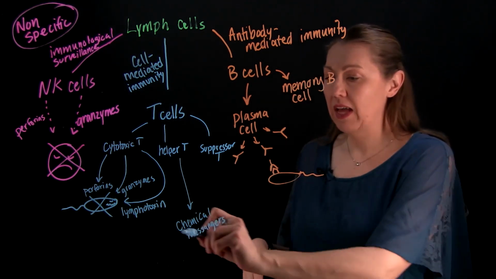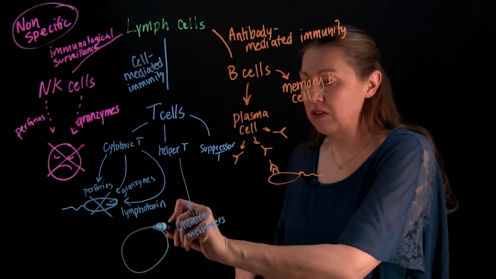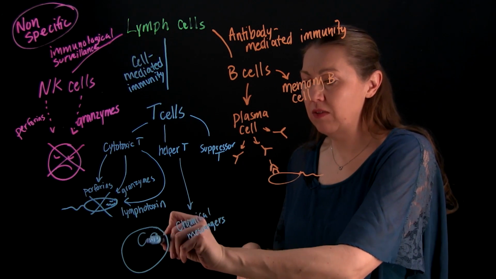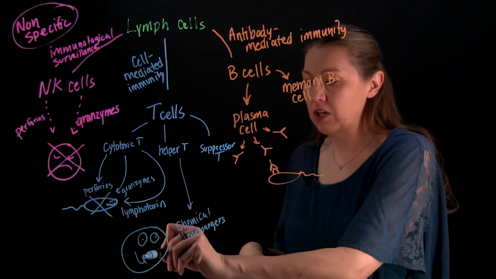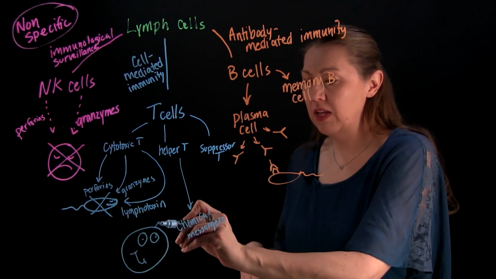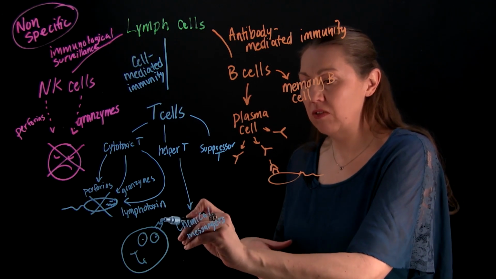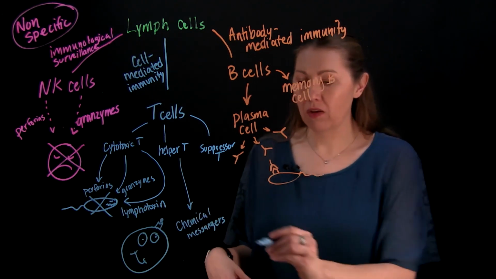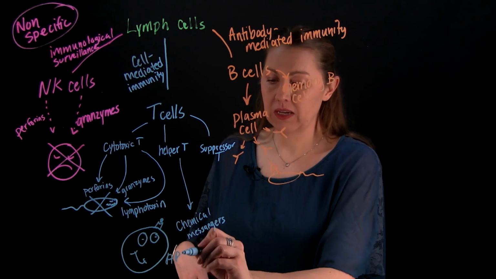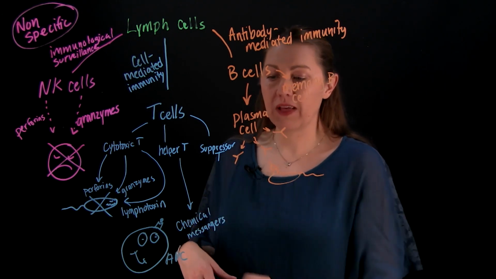So let's say we have a macrophage. This macrophage has done its job correctly, he's found something, and he just wants to show that off. So on his surface, he presents the antigens. It's actually called an antigen-presenting cell. So the antigen-presenting cell is going to show it off to that helper T cell.